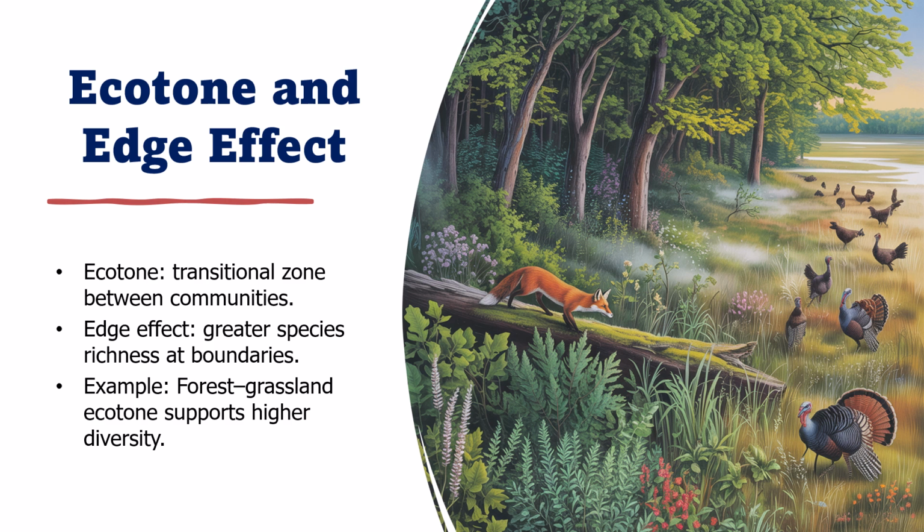For example, the transition between forest and grassland may contain species from both ecosystems along with additional species adapted to mixed conditions. Ecotones are important in conservation biology as they often serve as biodiversity hotspots. They also highlight the interconnectedness of ecosystems and the significance of transitional habitats in maintaining ecological complexity and balance.